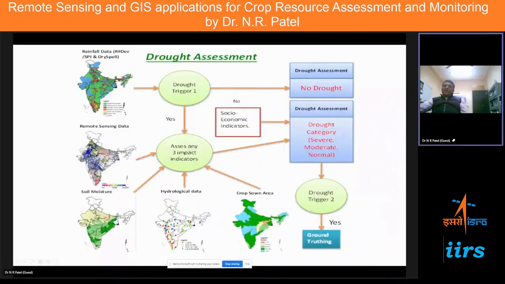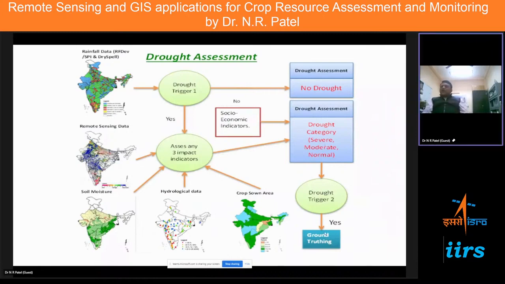So the assessment is: first trigger mainly SPI and rainfall deviation, then remote sensing data, mainly soil moisture, then crop condition, soil moisture, and hydrological performance, mainly groundwater and other things. If 3 out of 4 are in the severe category, then it is severe, and if 2, then moderate. Then, based on ground verification, finally we declare whether a severe or moderate category of drought occurs in the particular area.